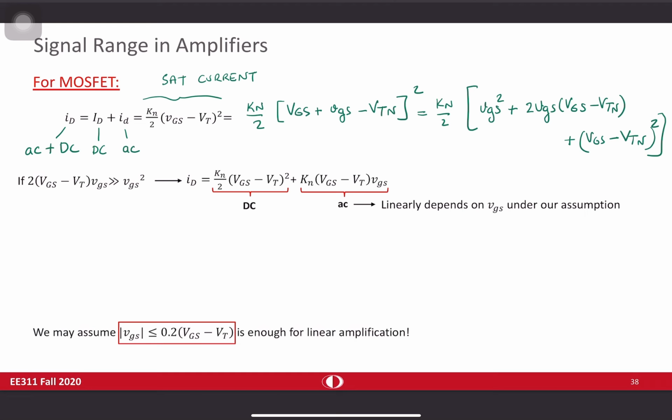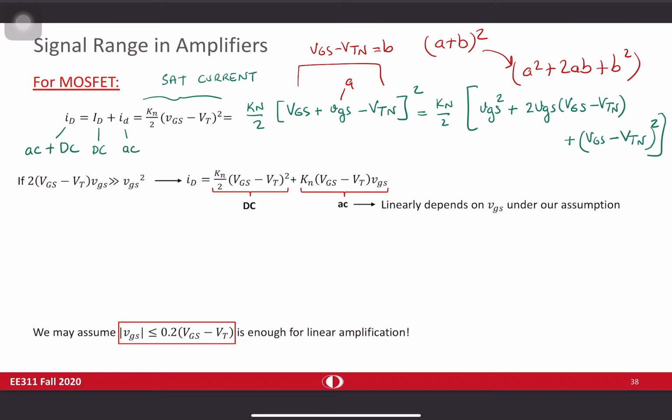So I take VGS minus VTN as A, and I take vgs as B. Then the term will be A plus B squared. This is like A squared plus 2AB plus B squared. I didn't do any trick in here. This is just a typical polynomial expansion.